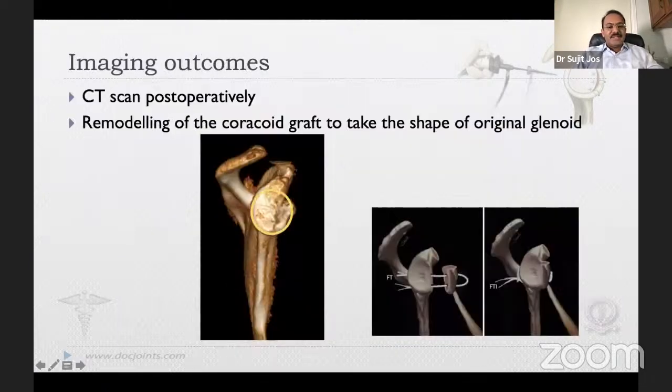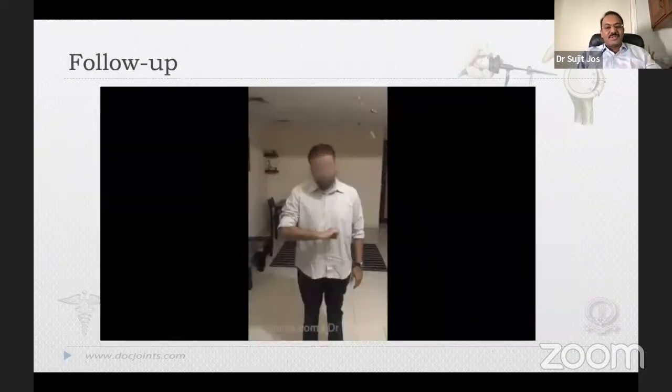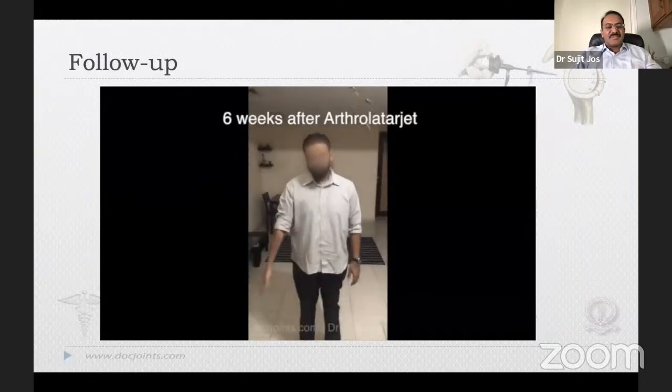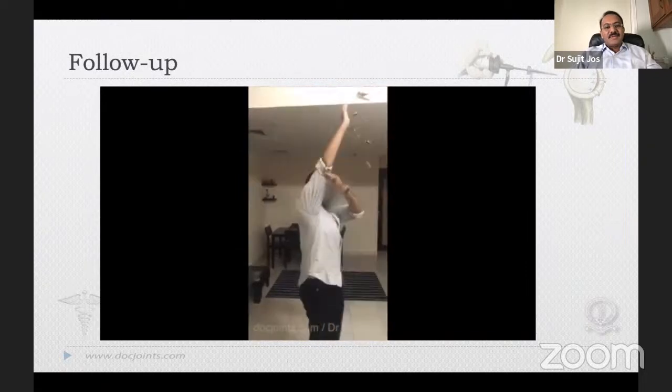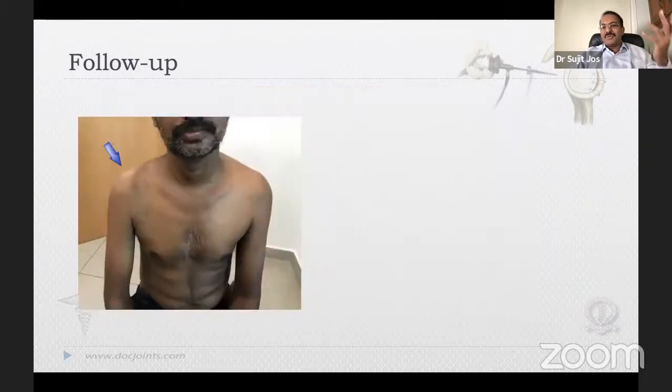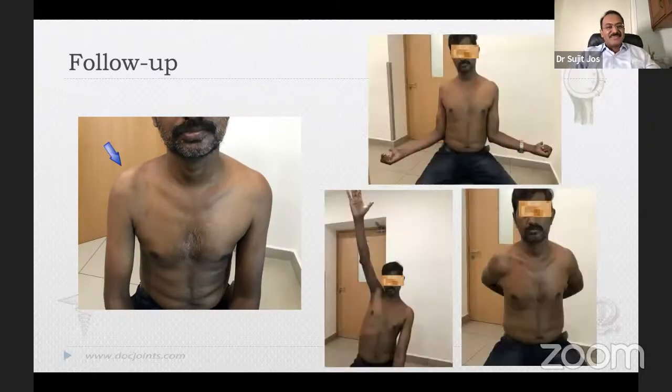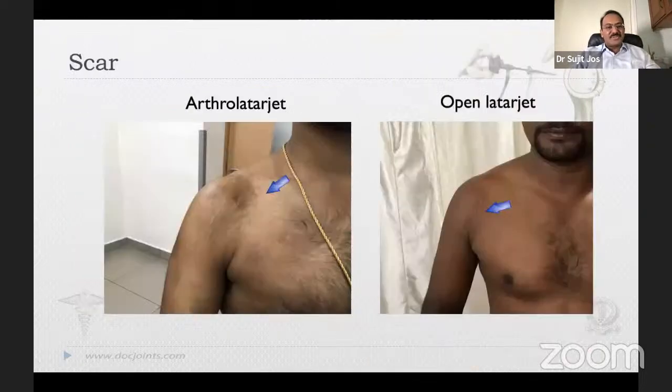That's the CT scan, and the anterior glenoid being recreated, and it remodels due to the rub of the subscapularis. The coracoid graft remodels. And that's 6 weeks after arthro-Latarjet, almost full range of motion the patient has. And as Lafosse does, even a headstand is possible after 2 weeks. So that's the patient after arthroscopic Latarjet.